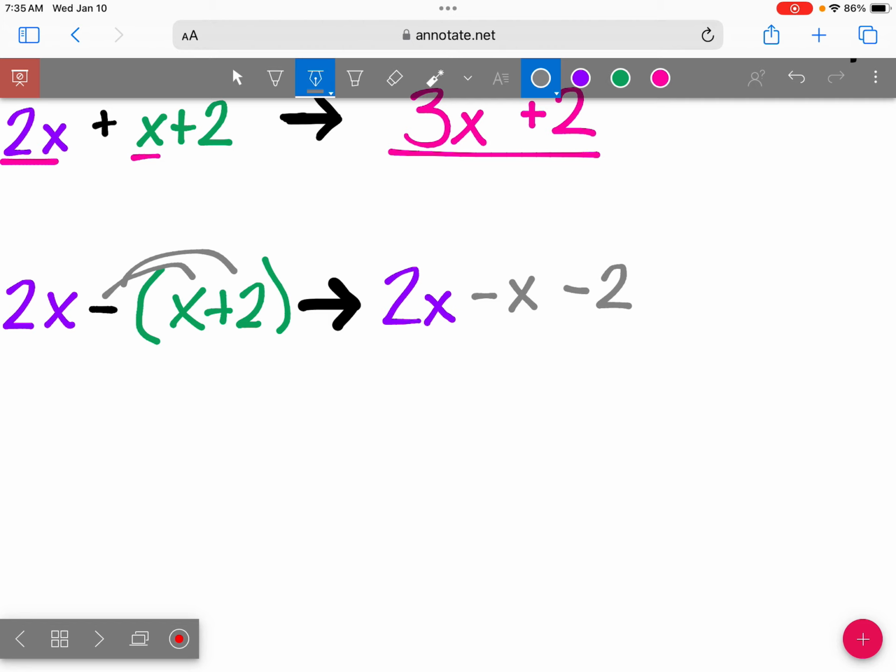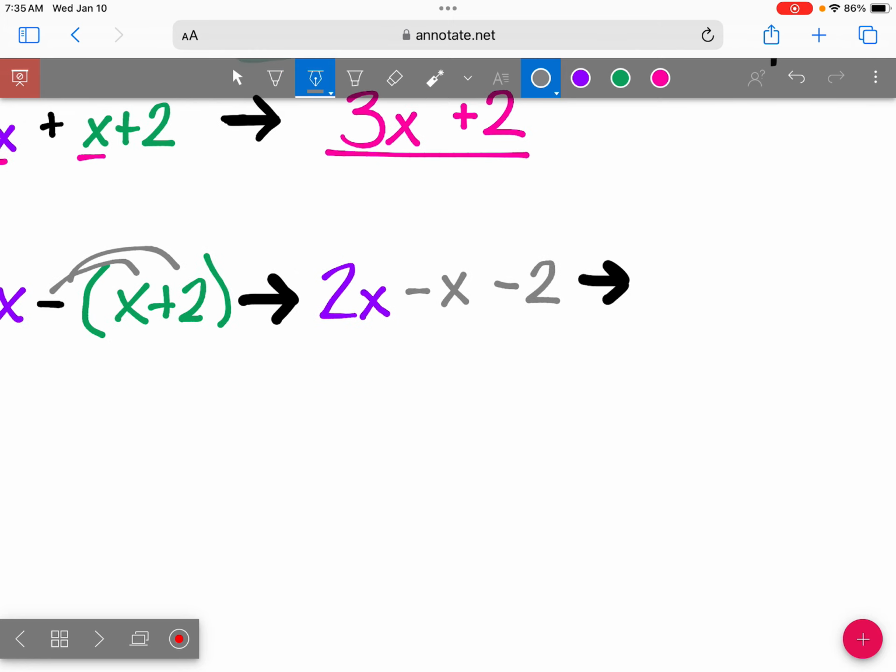That allows us to drop those parentheses. So we're going to come in and simplify this. 2x minus x leaves us how many x's? 1x. Which you can either write as 1x or as just x. Minus 2.